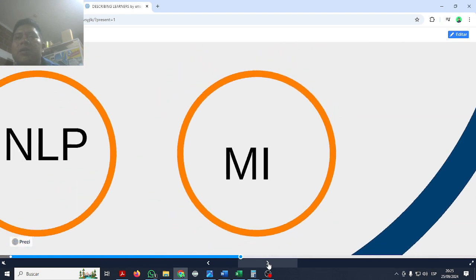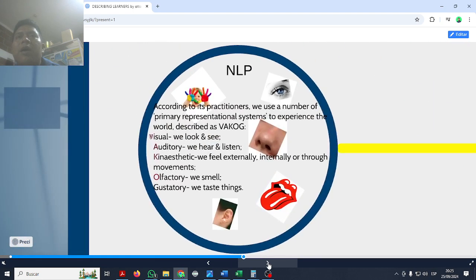NLP, according to its practitioners, uses a number of primary representational systems to experience the world, described as visual, where students like to see and to look.